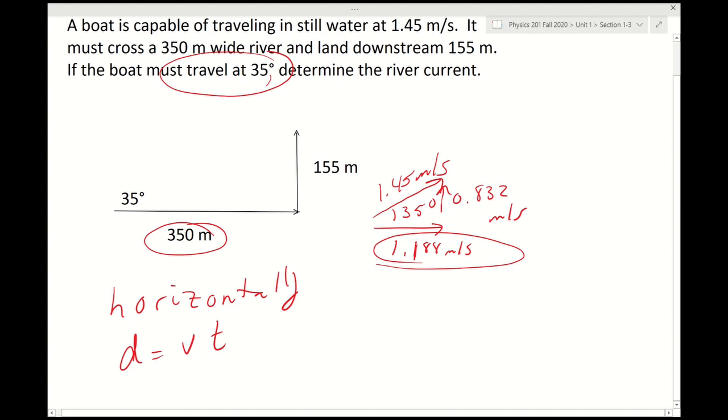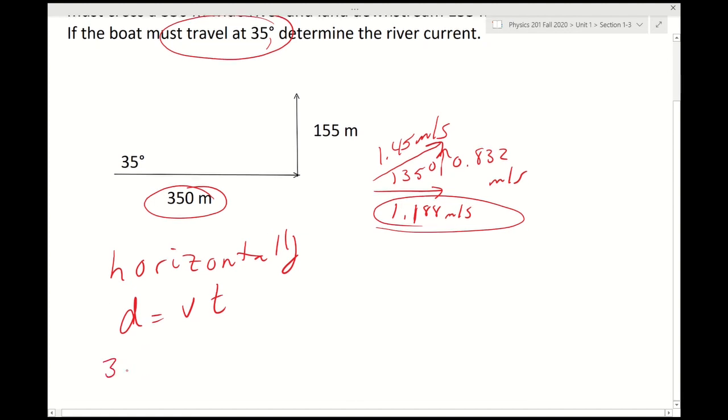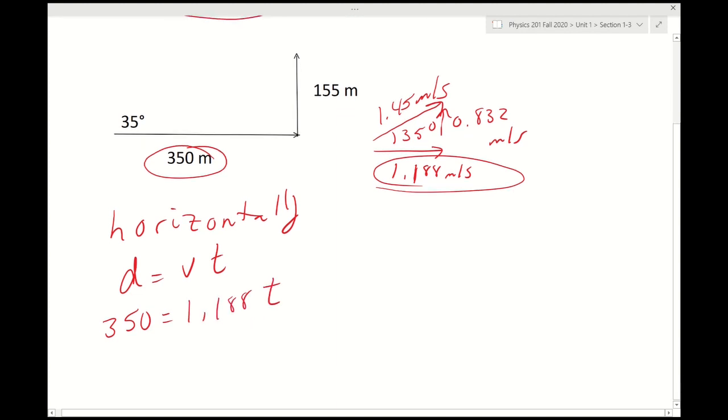So our time is approximately 291.6 seconds.